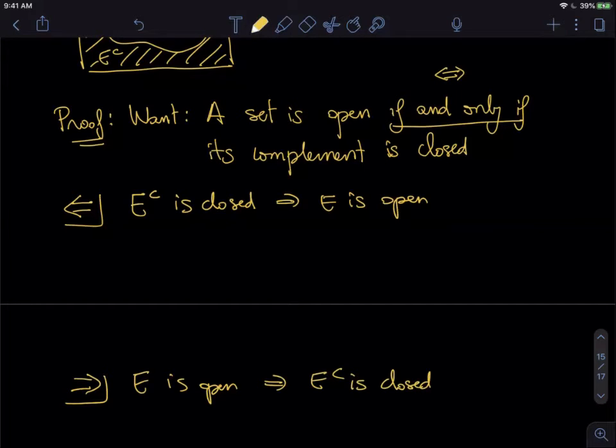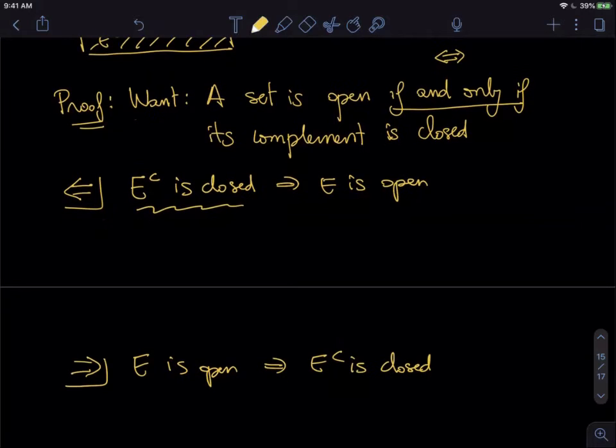When I say that E^C is closed, that means that it contains all the limit points. So this is my assumption, let me make that very clear: E^C is closed, and I want to show that E is open.